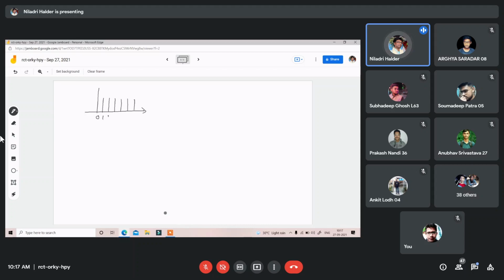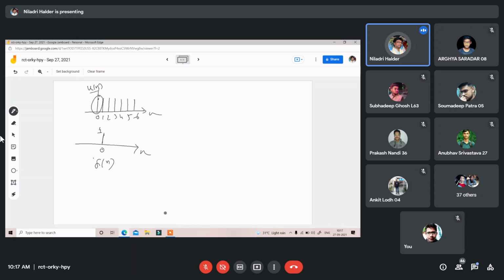Suppose 0, 1, 2, 3, 4, 5, 6 are the positions, and this is the step signal. Then consider the sample at position 0: it is u[n], it is delta[n].